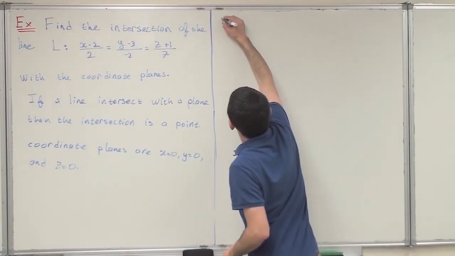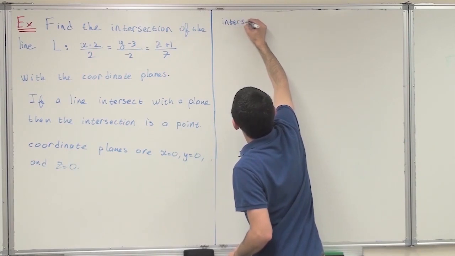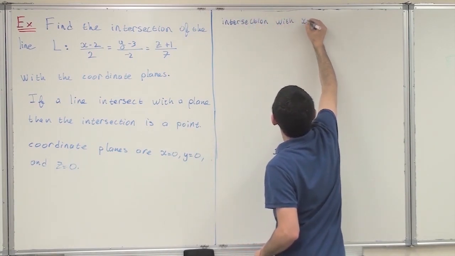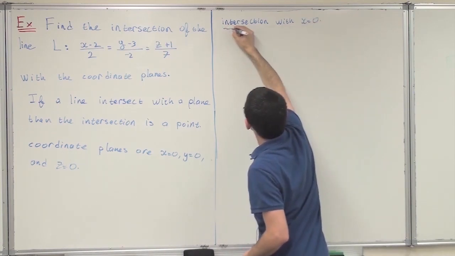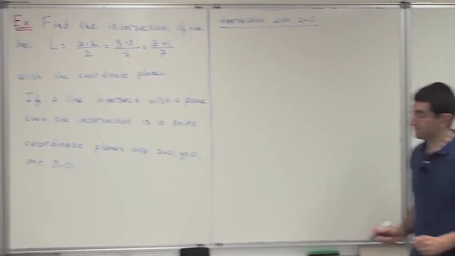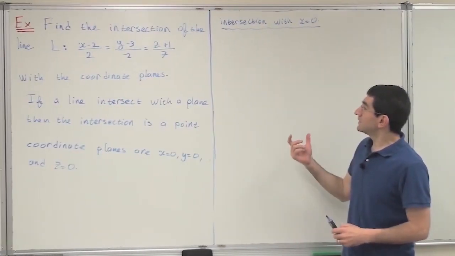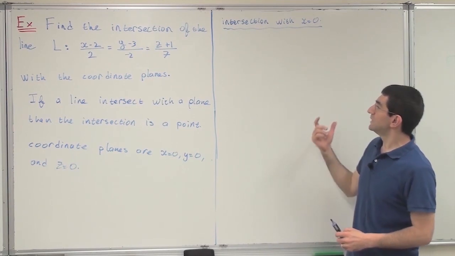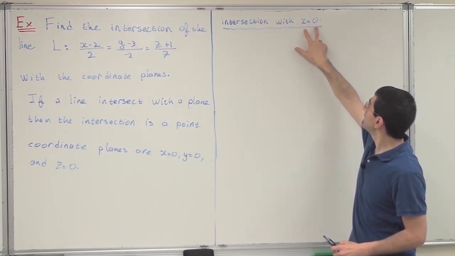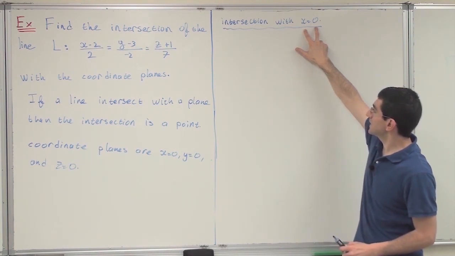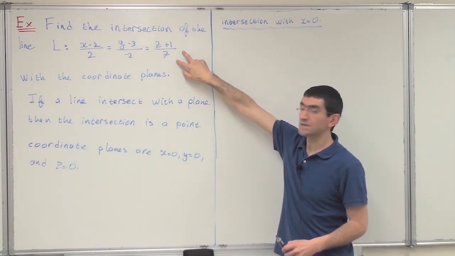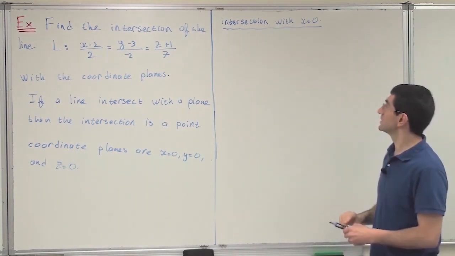Now, first of all, intersection with the coordinate plane x equals 0. So, finding the intersection means finding the point which satisfies both equations: the equation of the plane, which is x equals 0, and the equation of the line, which is given by these symmetric equations.